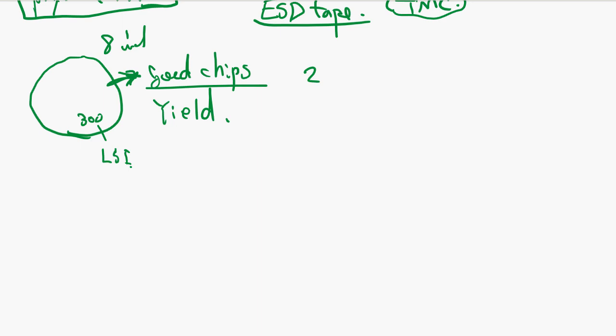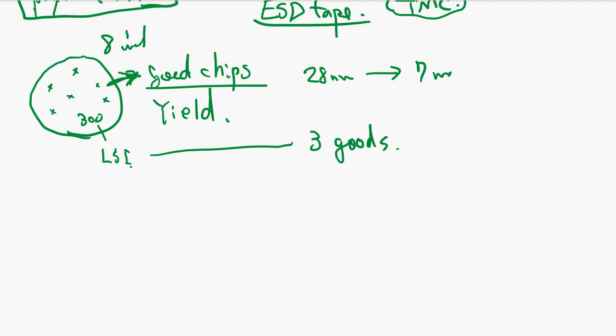You scale from 28 nanometer to 7 nanometer, then it's dropped to only 3 good chips. The cause of bad yield is usually silicon crystal defects and processing diffusion variability. In some areas the diffusion didn't go as we expected, and of course dust.